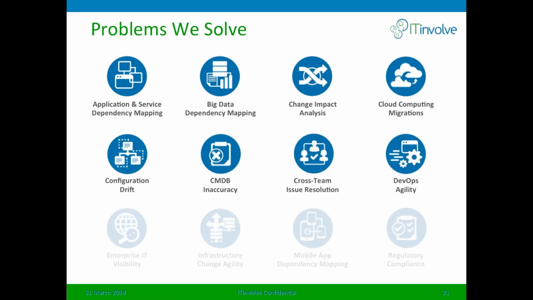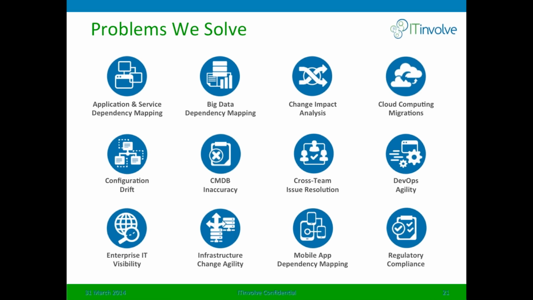And so the final thought I want to leave you with is there's a wide range of different problems that ITinvolve can help to solve. We've highlighted some today, talking more about DevOps and enabling greater agility. We also talked about configuration drift. But other areas that we can help you with include application service dependency mapping, change impact analysis, and migrating to or from the cloud, for example, taking legacy infrastructure and moving it out to the cloud, or developing in the cloud and then being able to successfully migrate that back in-house for deployment.